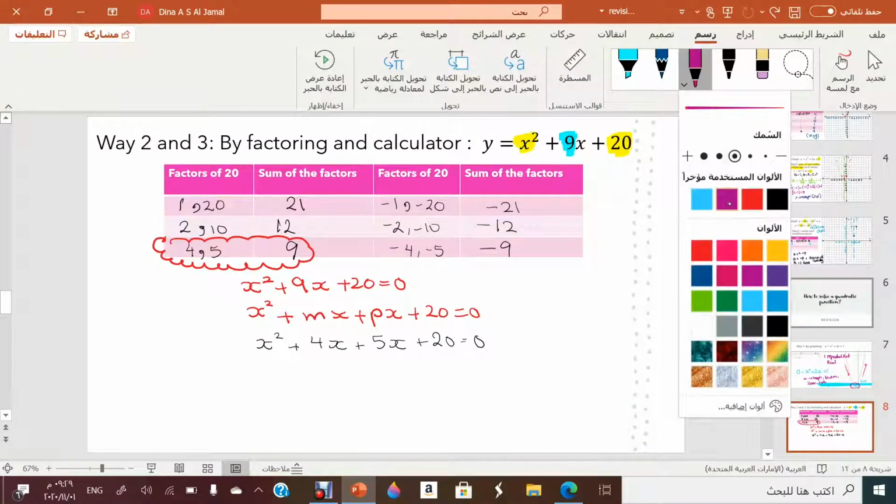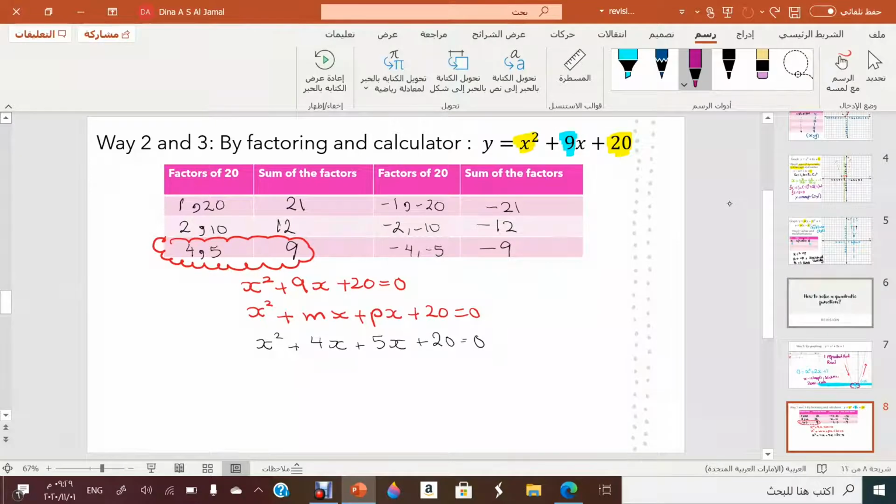Now, let's see how can I do this. First of all, you can do this factorization by grouping directly. So, take this one with this one and this one with this one. So, you will be having x as the common factor. Then you will be staying with x plus 4.